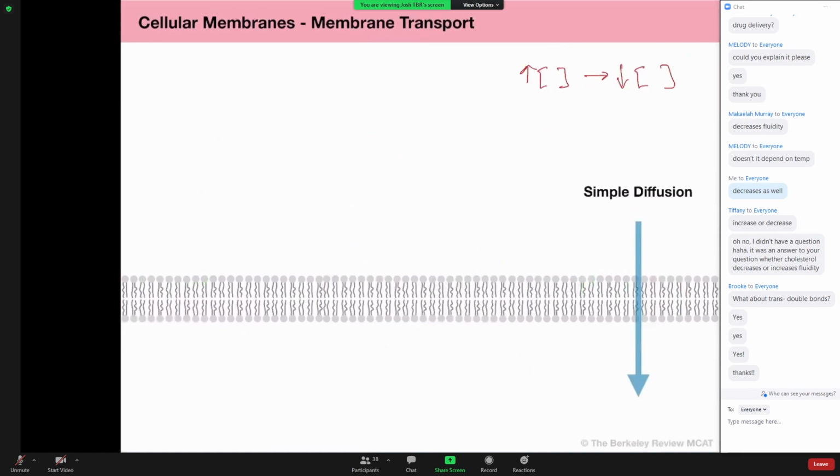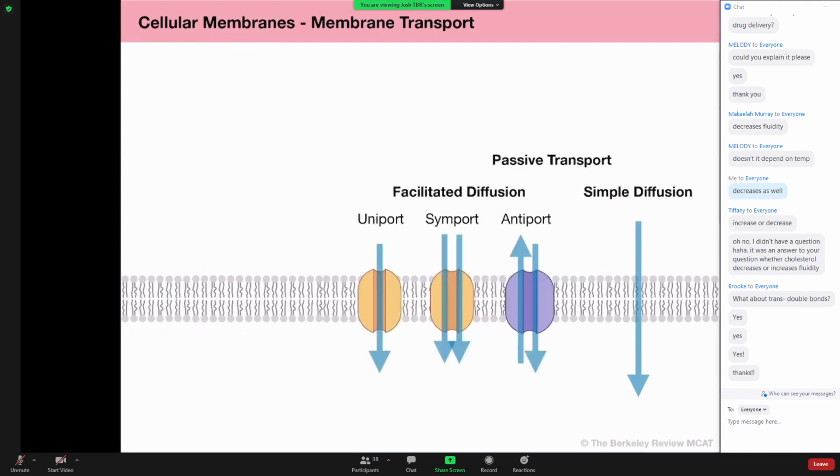We went over simple diffusion. Simple diffusion is a type of passive transport, which means it does not require energy. Another category of passive transport is facilitated diffusion.